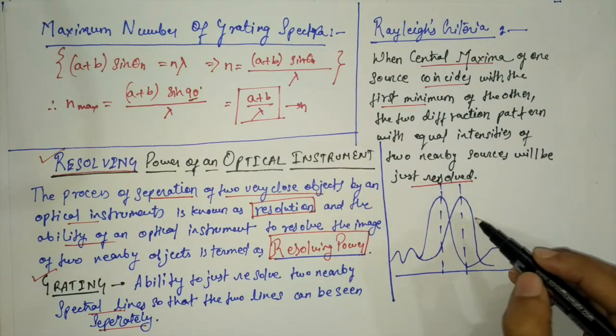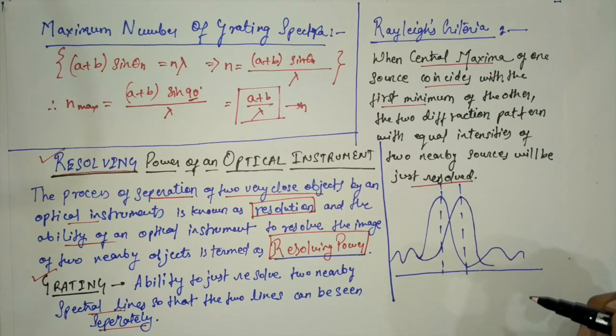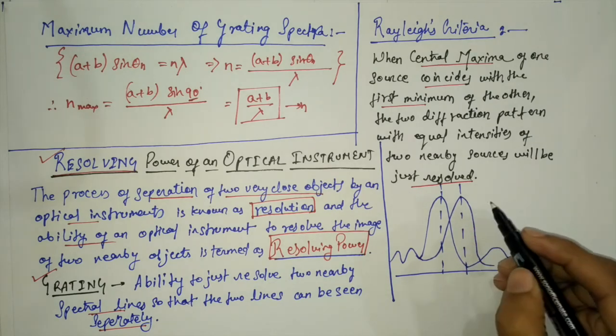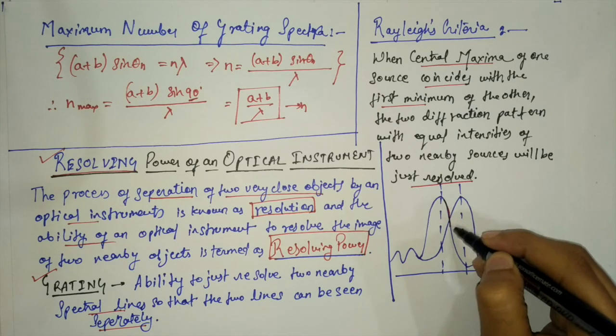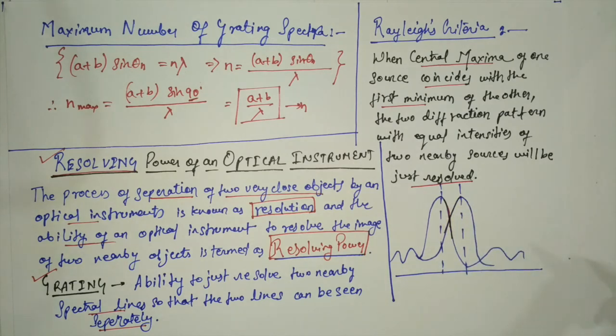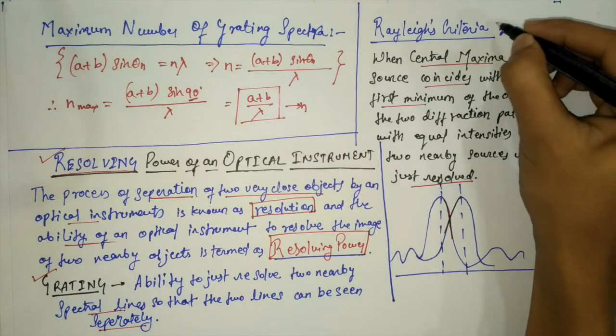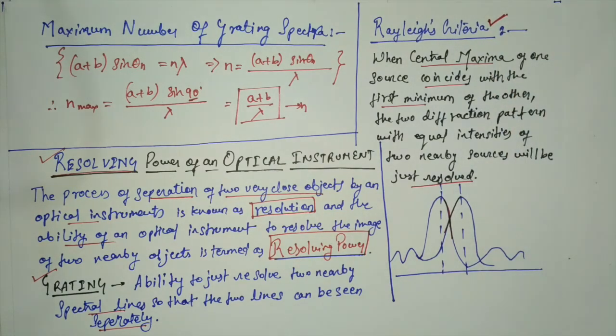One example is drawn below in the small graph that you can see here, the coincidence of the two graphs or two interference patterns from two sources. So Rayleigh's criterion will take place in case of two or more sources.